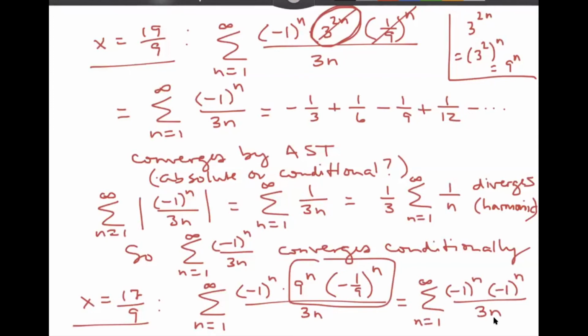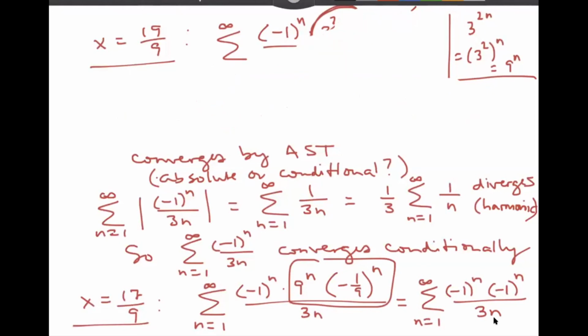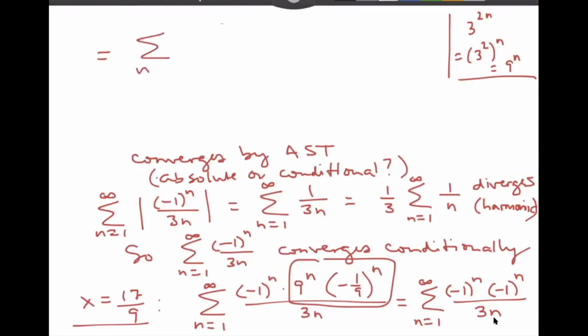Oh, this part is going to be simpler actually than 19 ninths. All right, -1 to the n times -1 to the n is just 1, right? So that gives us the sum n going from 1 to infinity of 1 over 3n. And we already said that this series diverges.